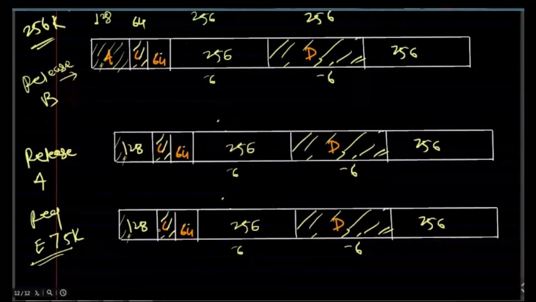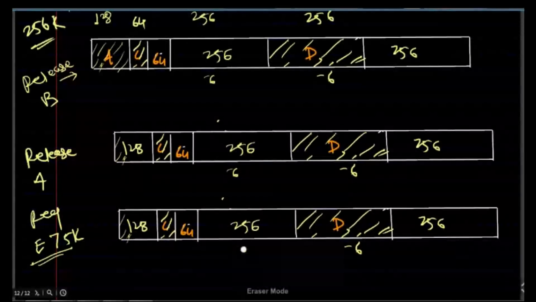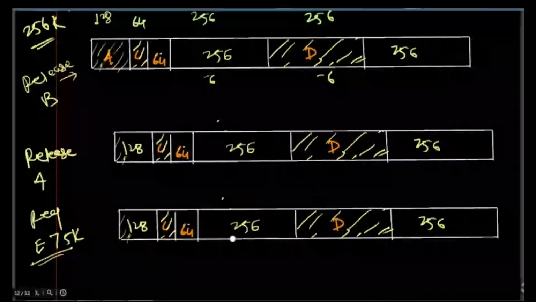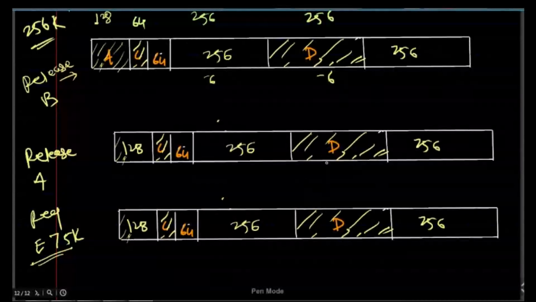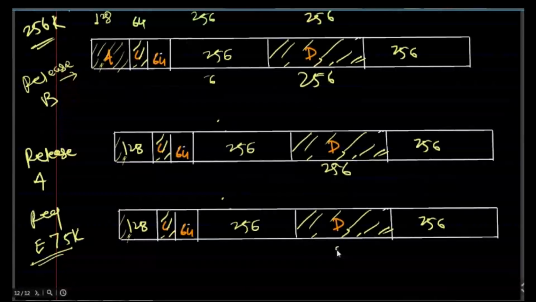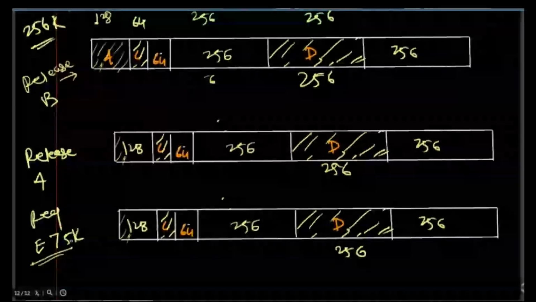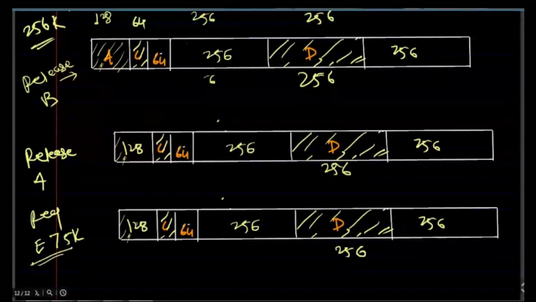Whether it will fit into 128, 256, 256 or any other block. In which block will 75K be processed? Yes, we have newly removed process A from the 128K block, so it is free now.